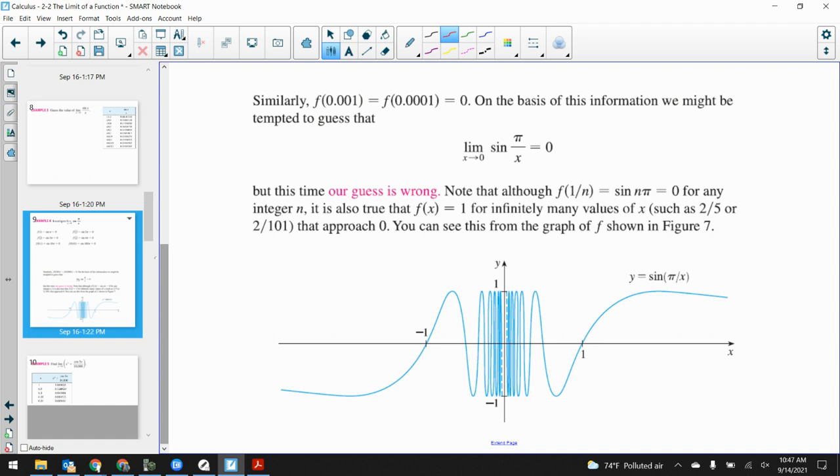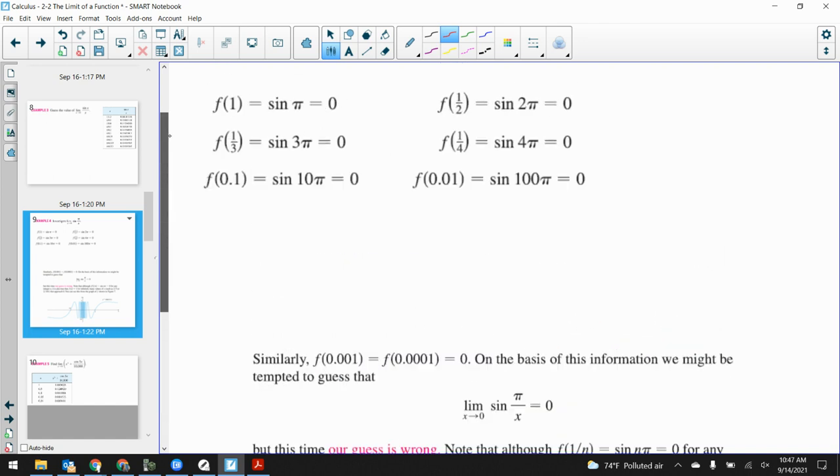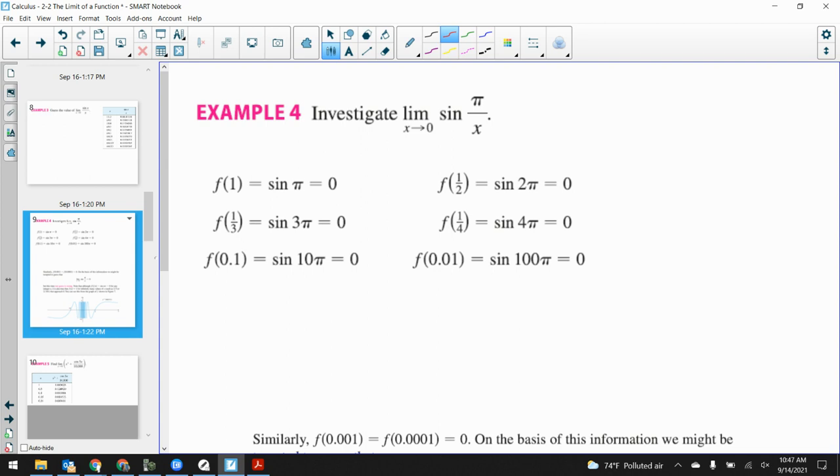So what do we say about this? We say that the limit of that function, our true answer, the limit as x goes to 0 of sine of pi over x, does not exist. The limit does not exist. That's what we say when it does not converge, when it does not go to one number.